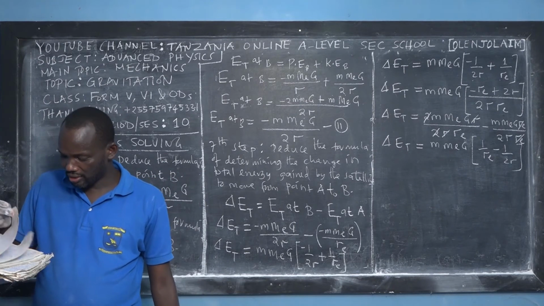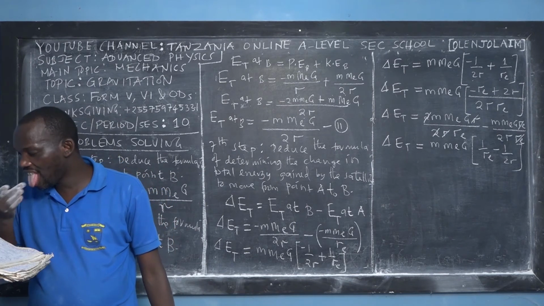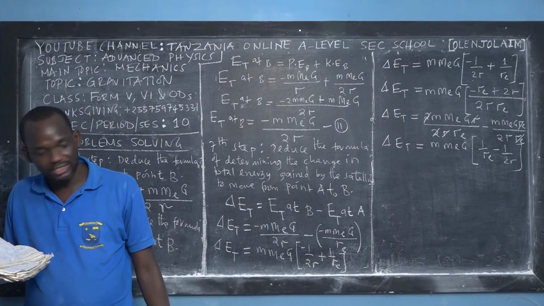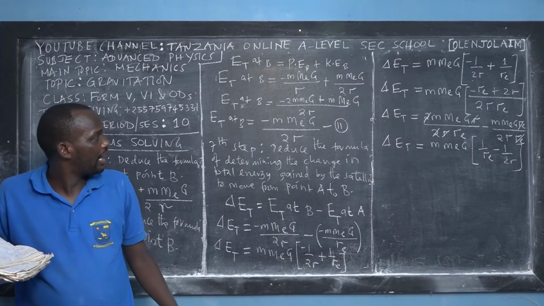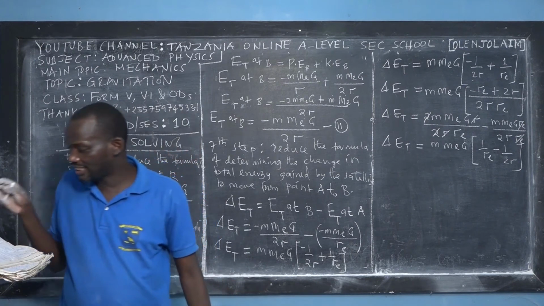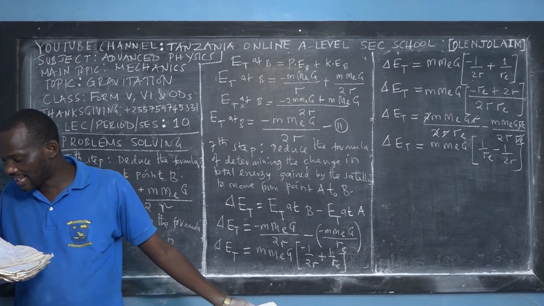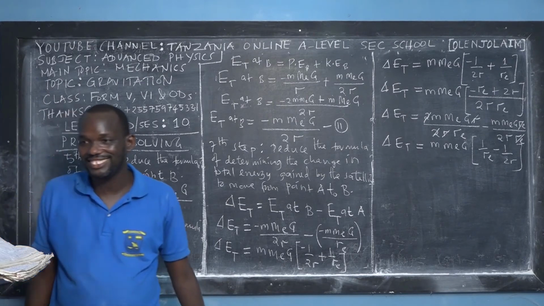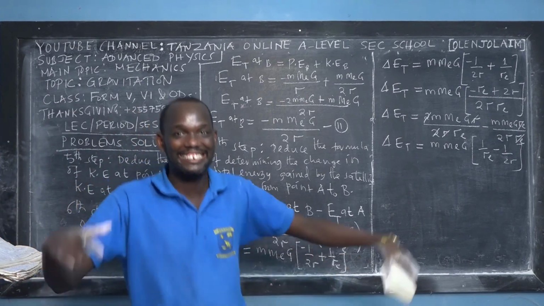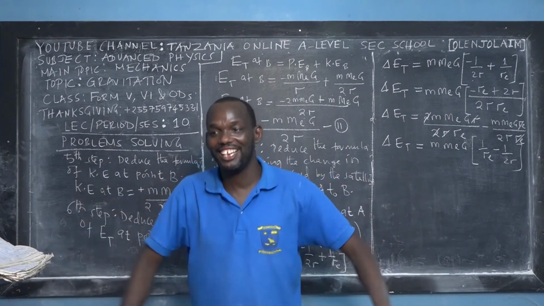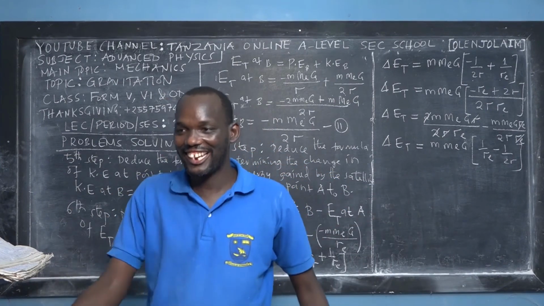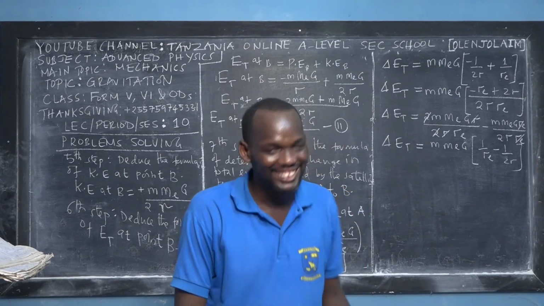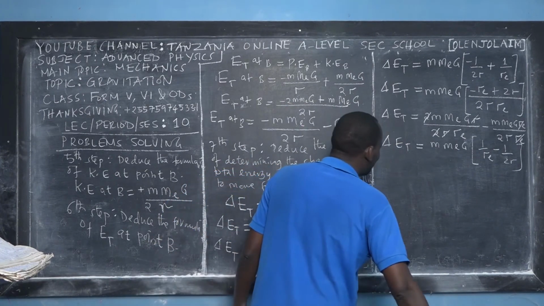Also in this question, we are not given the mass of the S, so that is not the suitable formula. What are we given? I have summarized in the data given. We have been given the radius R, the radius of the S, the acceleration due to gravity, and the mass of the satellite, which is 1,000 kilograms. So let us enjoy the beauty of physics, right? How? So this is the case.